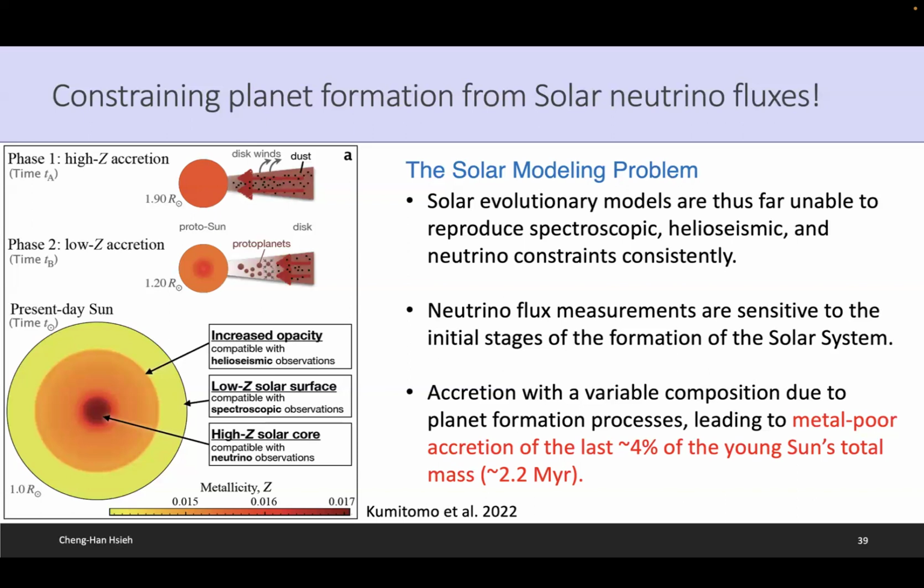This gives us the time window when planet formation is complete and when dust is blocked from accreting onto our Sun. In addition, we can also look at meteorites, look at CAIs, which gives us another time constraint on when the substructure should form in our solar system.